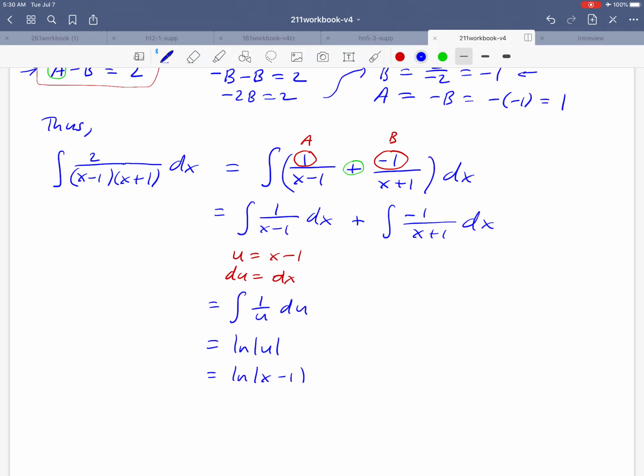And over to the right, you can go through kind of the same steps without writing the details of the u substitution. You've got a minus 1 that you're going to take out, and this is going to turn into just minus ln of the absolute value of x plus 1.